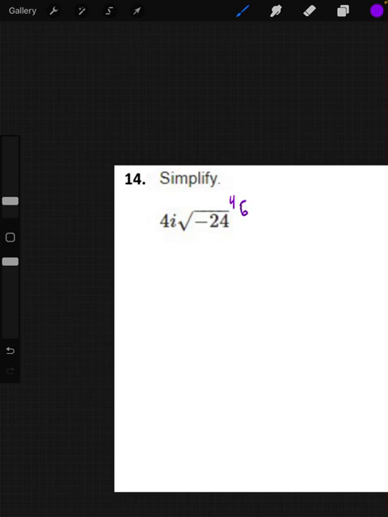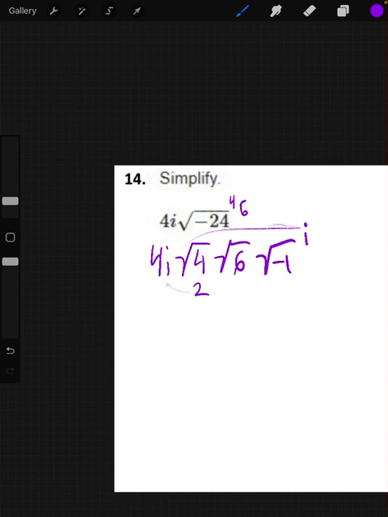So then we have the square root of 4 times the square root of 6, and then the negative would separate into its own negative 1, the square root of negative 1, which can be simplified to an i, and we have 2 i's right here, and the square root of 4 is 2.